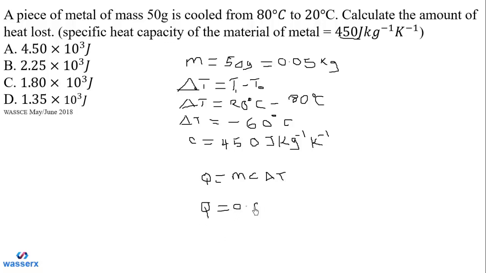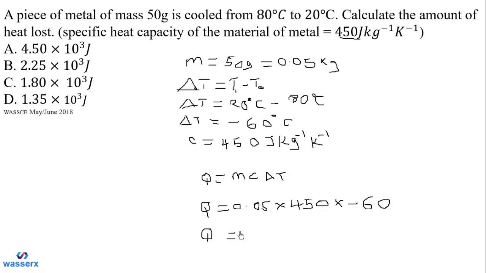The mass is 0.05 times the specific heat capacity, which is 450 joules per kilogram per Kelvin. Then we also have the change in temperature, which is negative 60. Like we saw, the negative there is just telling us that there is heat loss.